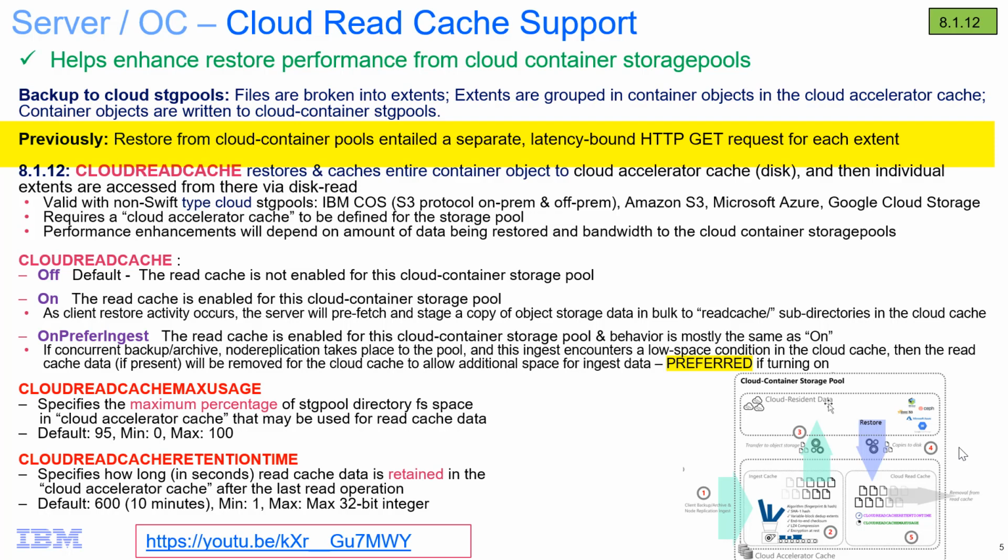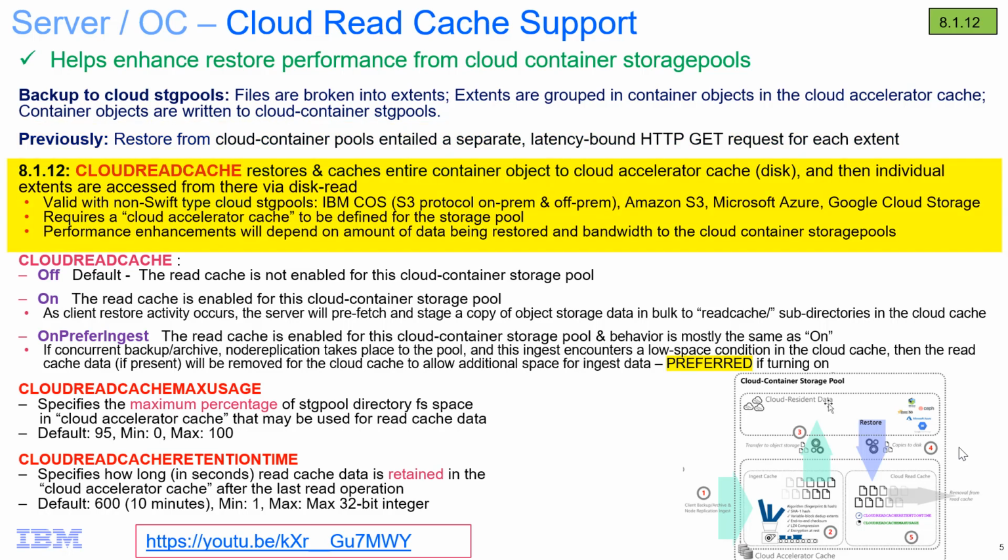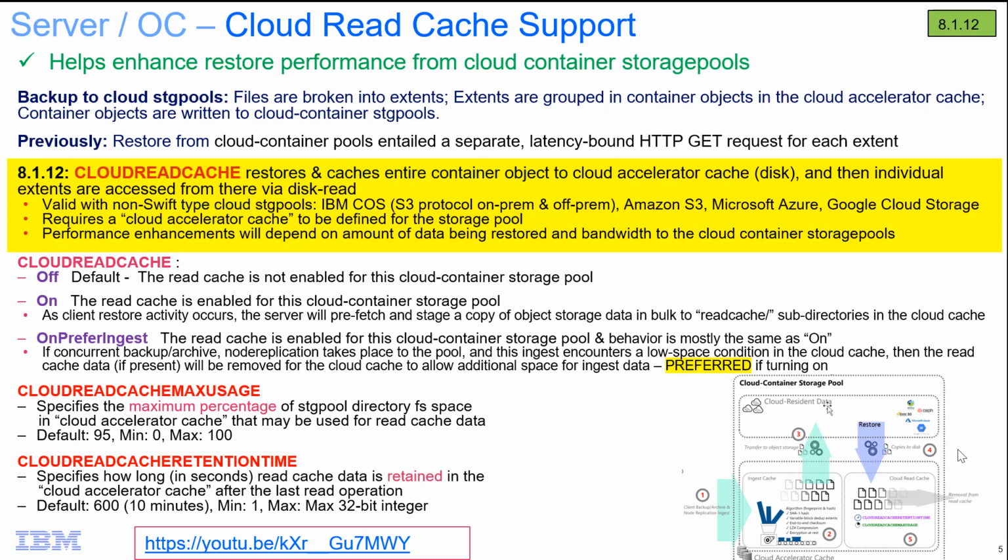Previously, when we did a restore from the cloud, we would simply restore the individual extents inside of those container objects. So this would entail a lot of separate latency-bound HTTP GETs for each individual extent that we were pulling back. Now we have the ability to pull back the entire container object, which, remember, is about 1 gigabyte of extents grouped together, from the cloud, and stage it into the Cloud Accelerator cache that we used originally for backup.